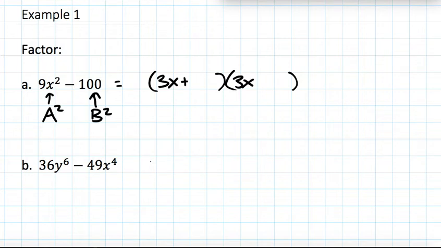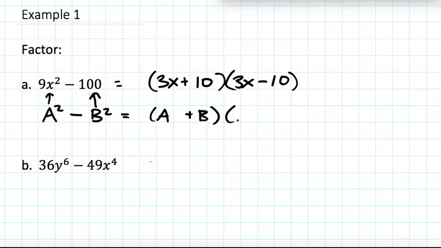I'm going to have one plus sign and one minus sign in the parentheses. If b squared is 100, the number that I square to get 100 is 10. So there's going to be 10 here for b. So this is a plus b, a minus b. So my answer here is 3x plus 10 times 3x minus 10.